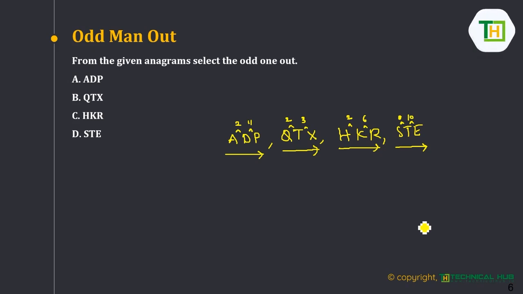Yes, that is acceptable, but I'm checking for any other complete logic, because the difference between the second and third letters in any of these options is not consistent, like 11, 3 and 6. But that question may be framed based on this one particular logic only: the difference between the first two letters is 2. So we'll go with the next question. The answer for this will be S, T and E.